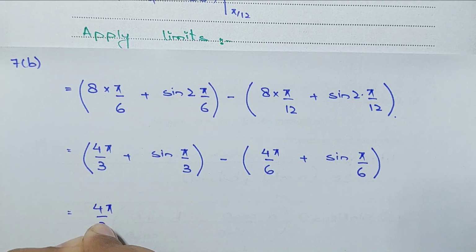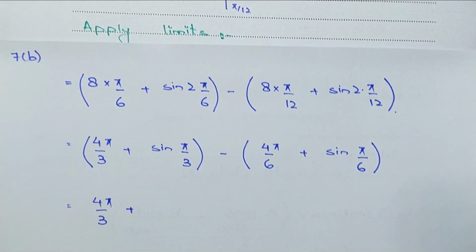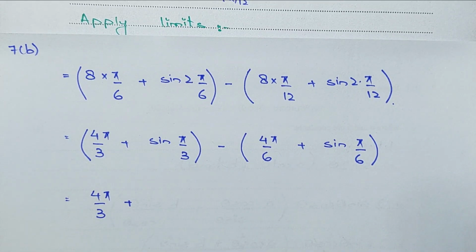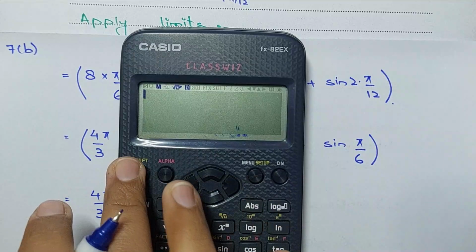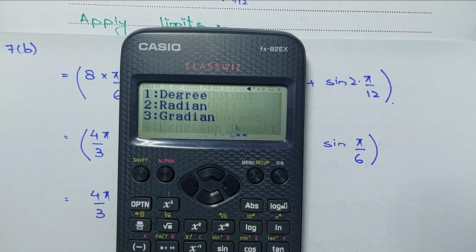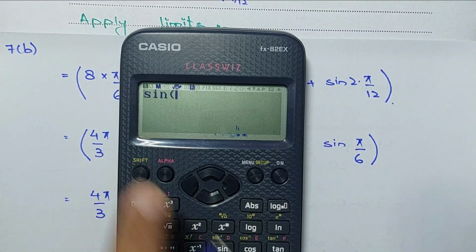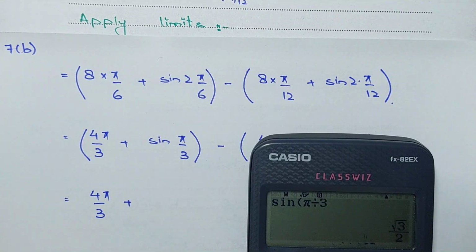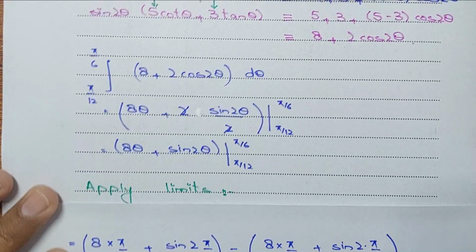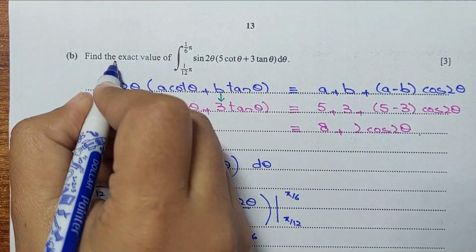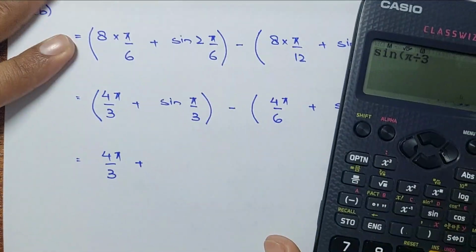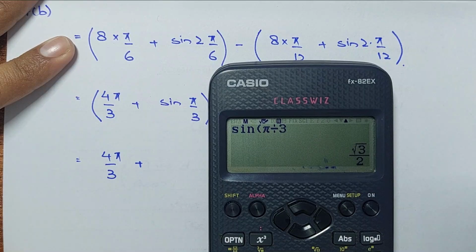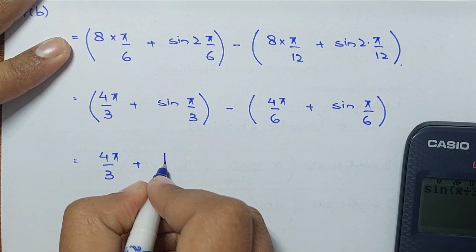Pi by 4 pi by 3 plus sine pi by 3, in radians. Sine pi by 3 is root 3 by 2. The exact value we need to figure out, right? Because in the question it says the exact value of this integral.